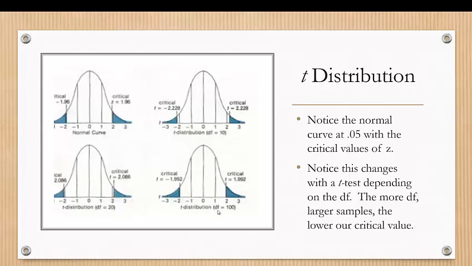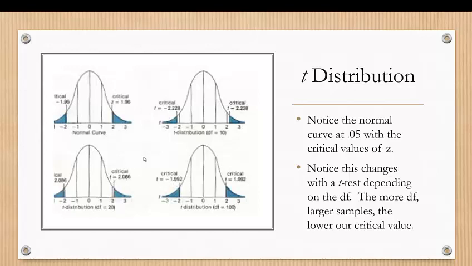But if we lower our degrees of freedom to 20, meaning we have a smaller sample size, notice our 0.05 level of significance, our critical value of t has increased from 1.992 up to 2.066.